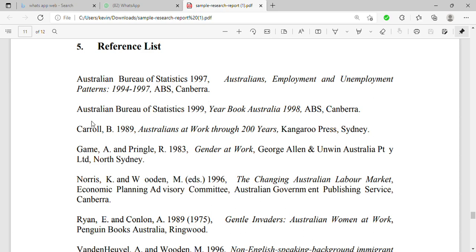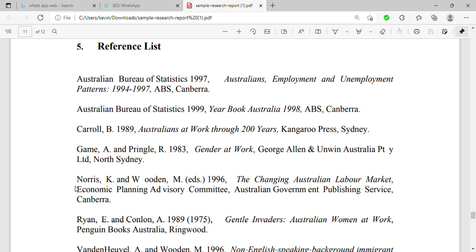Then another reference is the Australian Bureau of Statistics. You first write the name of the author, then the date 1999, the title of the book, Yearbook Australia 1998, ABS. So that is how we write references. We use the APA format.